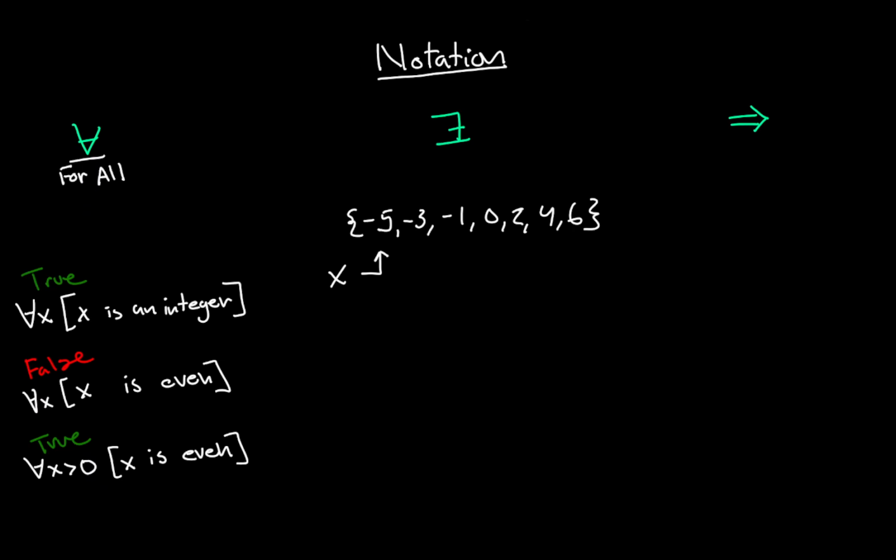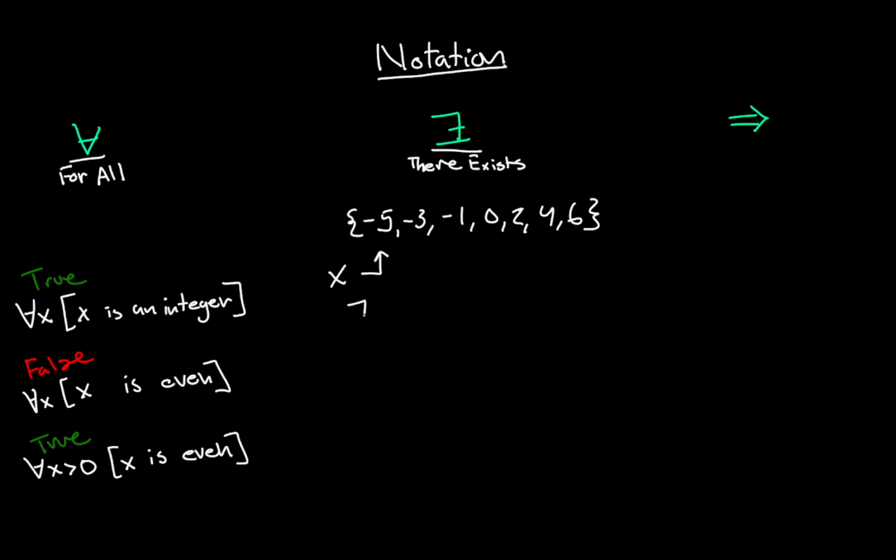The next one we're going to look at is there exists. This is similar to for all, except instead of saying the statement has to be true for all values of x, it means the statement only has to be true for one of the values of x.